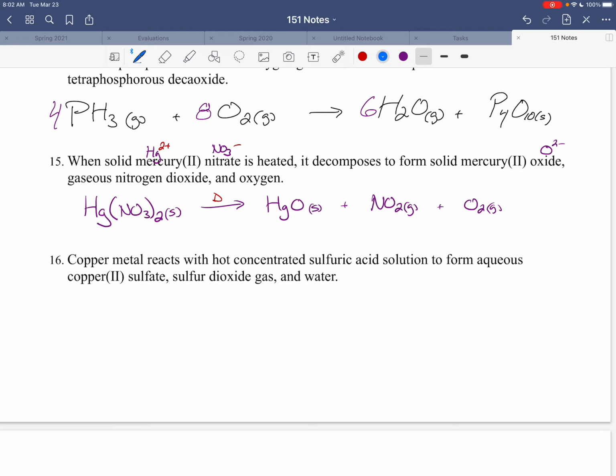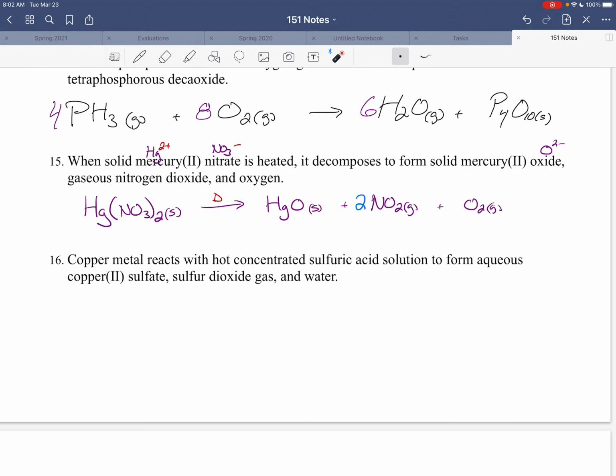Okay, so what do we have to look at? Each individual atom. So N, I have two N's and one N. So that means I need to put a 2 in front of NO2. So nitrogen's good. Oxygen, I have 6 oxygen on the left here, and on the right I have 1 plus 4, which would be 5, 6, 7.